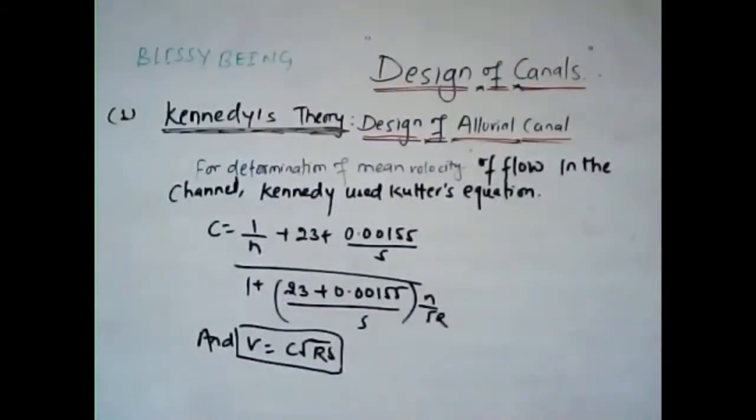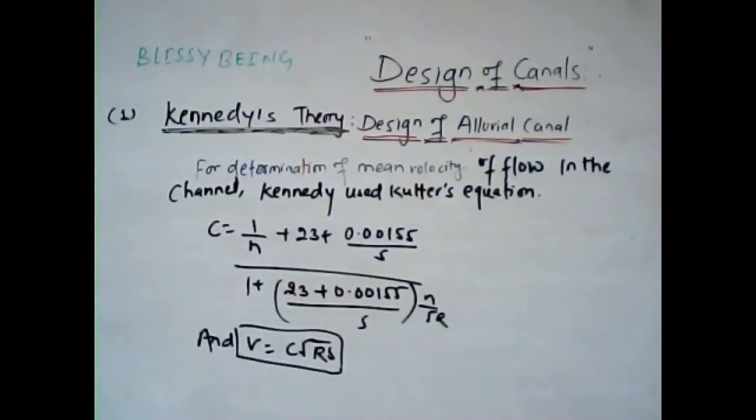And for the determination of the mean velocity of flow in the channel, Kennedy used the Kutter's equation. As stated earlier, in the Kutter's equation, the mean velocity of flow is given by V equals C root RS.